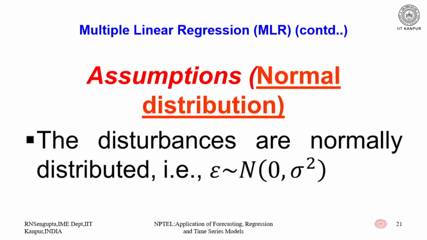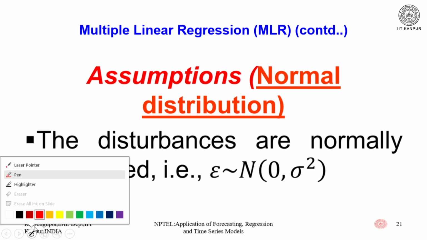The other assumption which we will consider for our problems, but it can be relaxed also: the disturbances, the white noise we consider, are technically considered as normally distributed with a mean of 0 and a variance of sigma square. Here I would like to point out a few things.